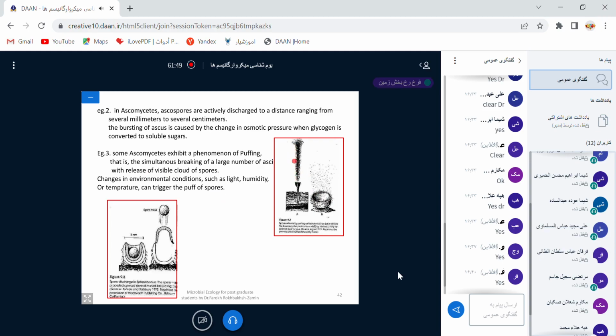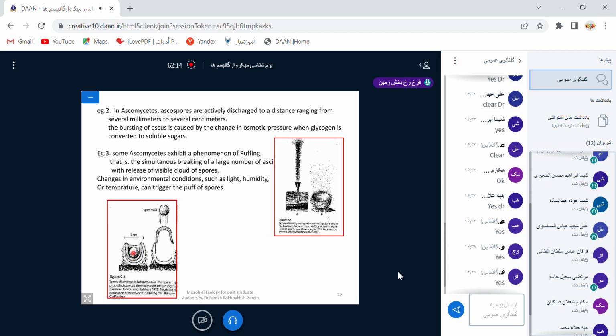Visible clouds of spores. Here you can see that changing environmental conditions such as light, humidity, or temperature can trigger the puffing of spores. Sometimes there is a sheet, as here, under drought.